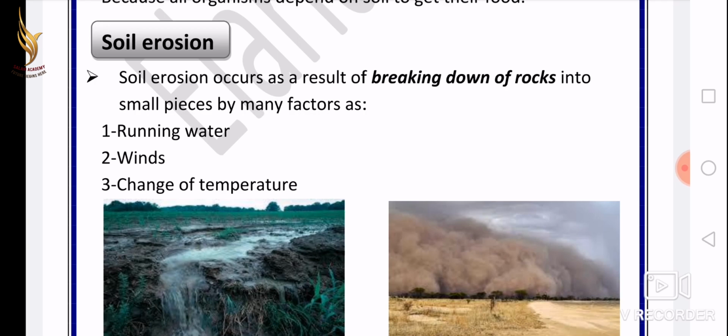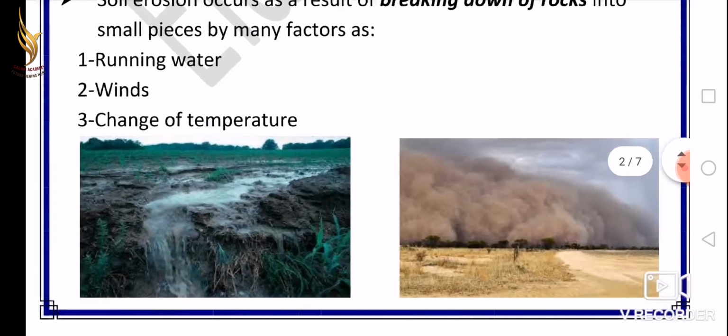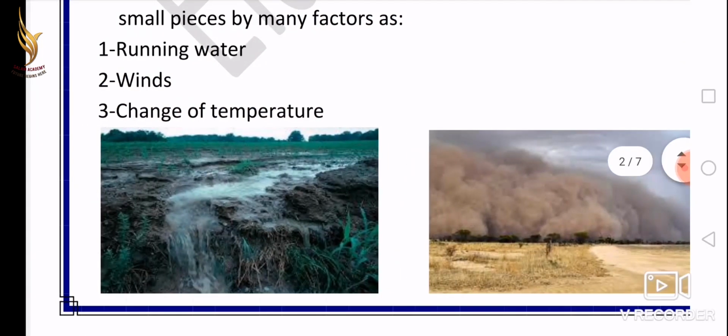So soil erosion occurs as a result of breaking down of rocks into small pieces by many factors, such as running water. Water flow breaks down rocks into small pieces. Okay, like this in the picture. Running water or rainwater is breaking down rocks into small pieces.